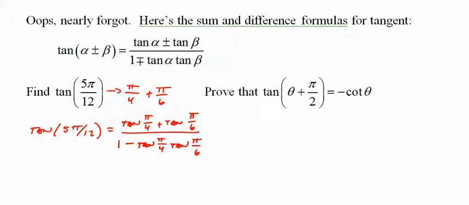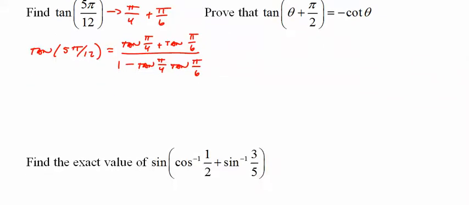This may be a moment in time that a few of you are saying, boy, I really should have paid attention to that unit circle thing. Only if I had told you. But I guess I forgot. 1 plus root 3 over 3. And I'm going to change that immediately on the fly. Let me just make sure I did that right.